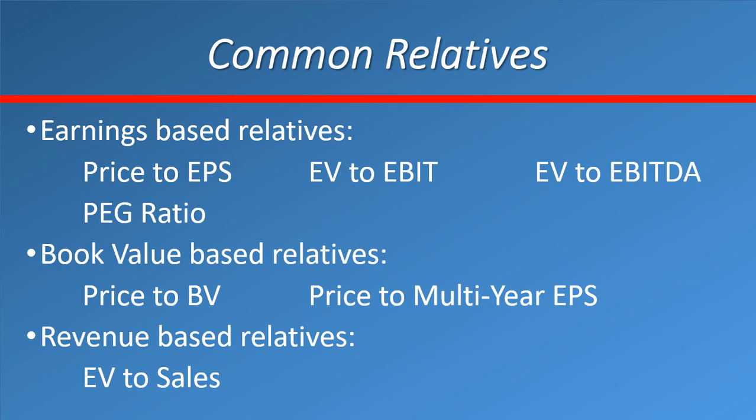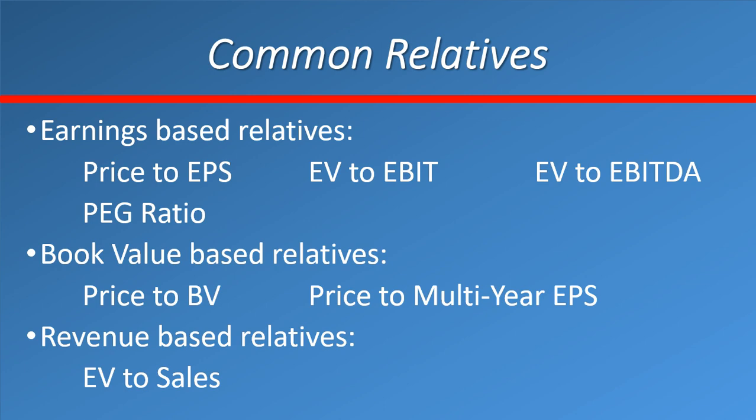So earnings-based relatives can be price to earnings per share, but we don't use price to EBIT, price to earnings before interest and taxes. Instead, we must use enterprise value to earnings before interest and taxes, and enterprise value to EBITDA. Why? Because both EBIT and EBITDA are before interest expense, so we want to use enterprise value.